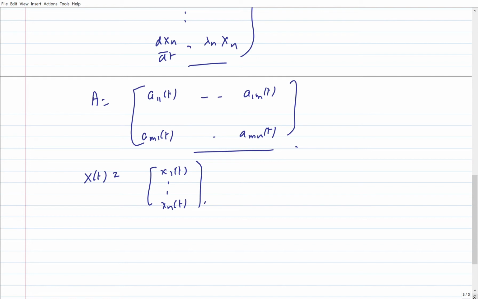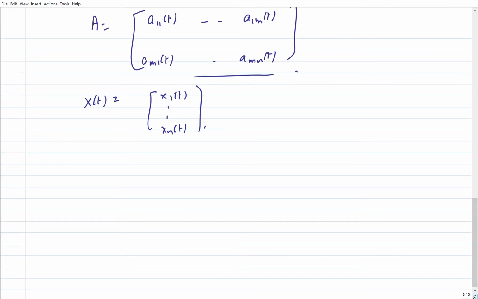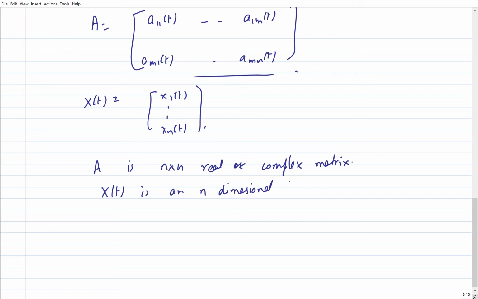So let's first consider the case when A is an n cross n real or complex matrix and x of t is an n-dimensional vector.